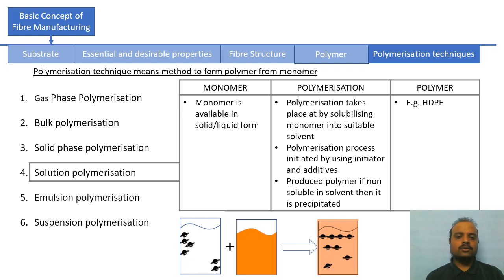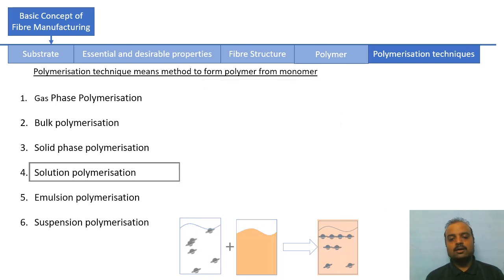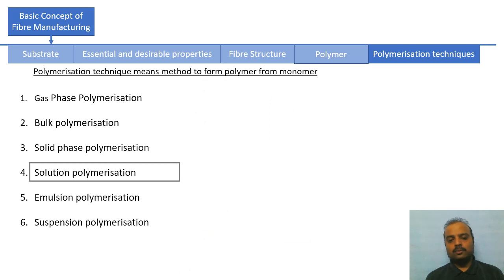In this figure you can see monomers dancing in the liquid. Let's say the monomer is available in liquid form. It is now mixed into this solvent, which is shown as the orange colored liquid. The monomer is solubilized into the solvent, and then at a certain range of temperature, this mixture converts the monomer into a polymeric chain.